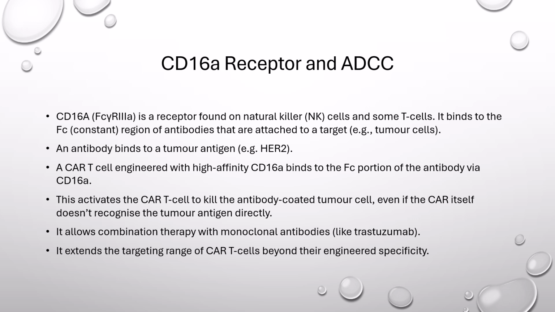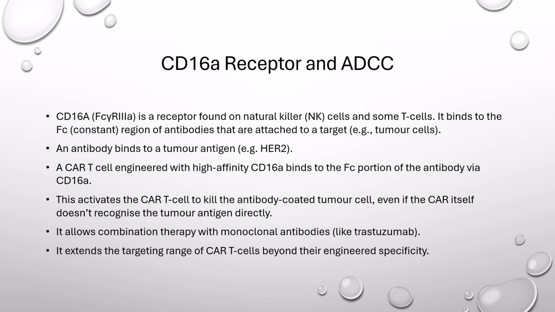But this is CD16A. So the CD16A receptor is an Fc gamma R3A receptor. Now, I talked about this when I was talking about antibodies, and basically they are the receptors that the antibody Fc region binds to, and then they can help kill off the cells that the antibody may be bound to.